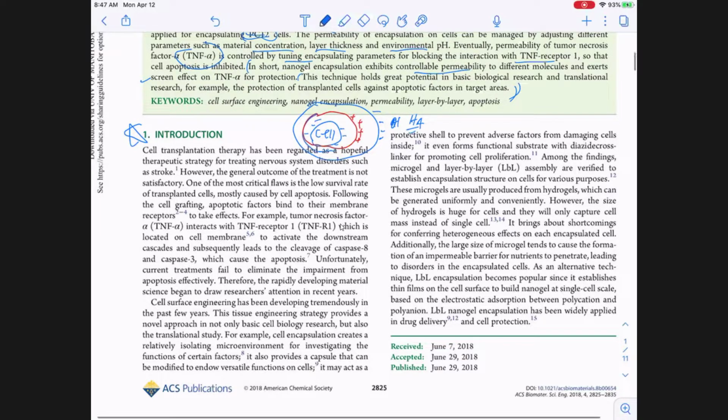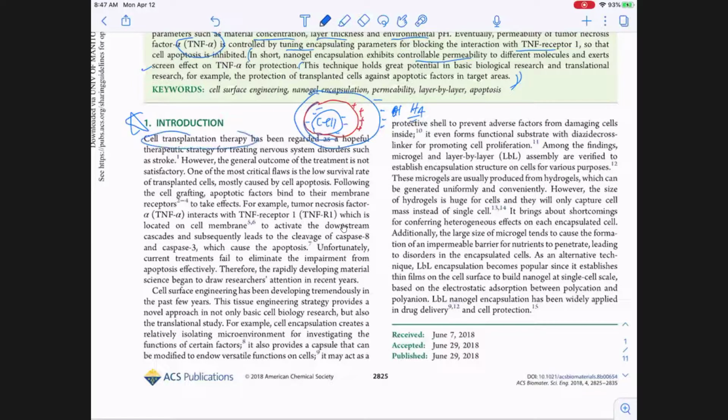The general topic is cell transplantation therapy, which has been regarded as a helpful therapeutic strategy to treat nervous system disorders such as stroke.